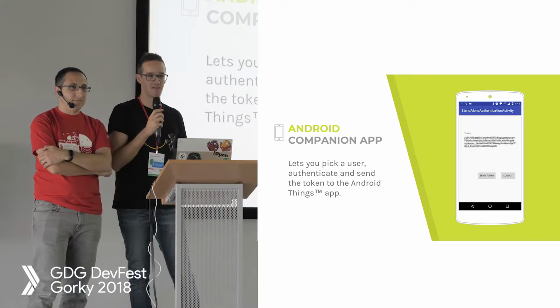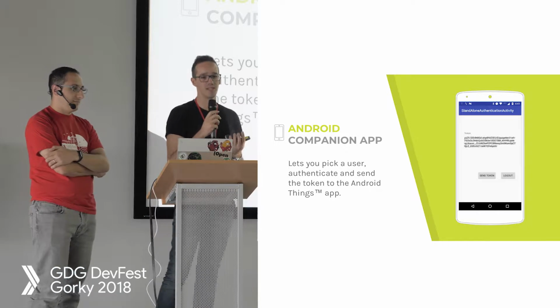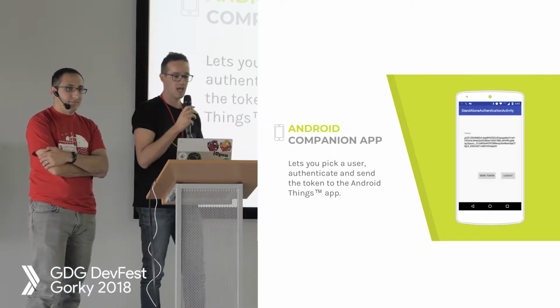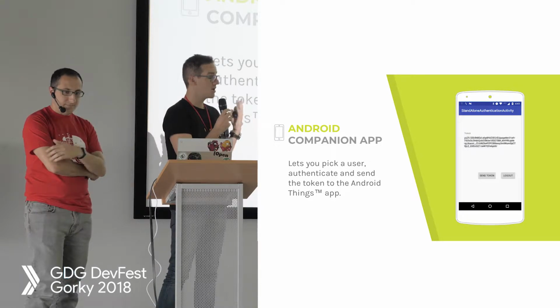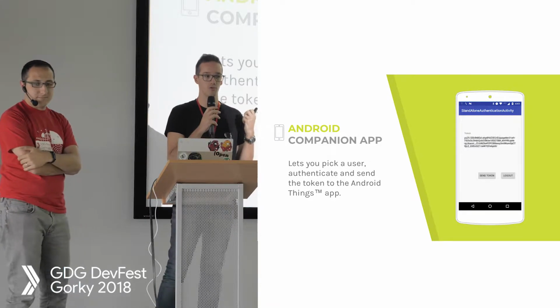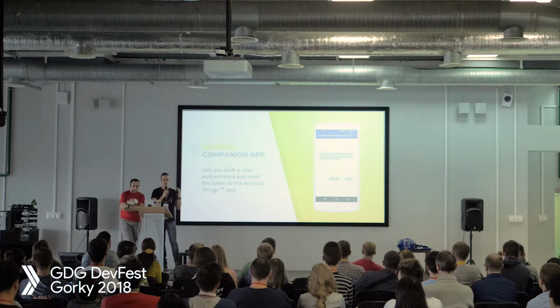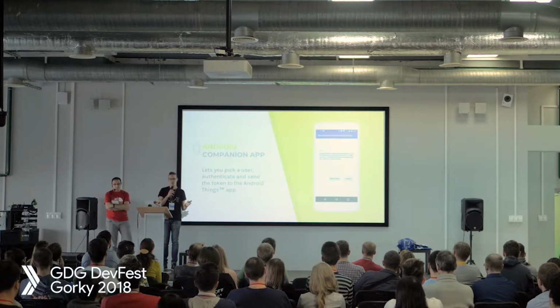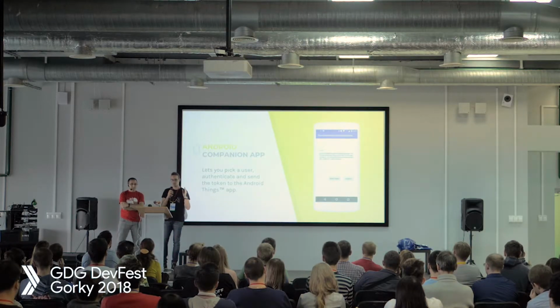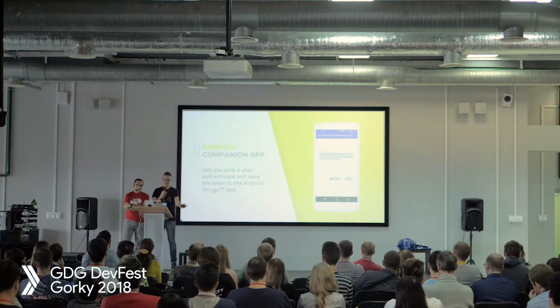We didn't spend a lot of time on the design because it just needed to be functional for the scope. The UX was pretty simple. It could just allow the user to select one of the Google accounts present on the phone or log in to an additional one, take an access token and send it to the Android Things device.